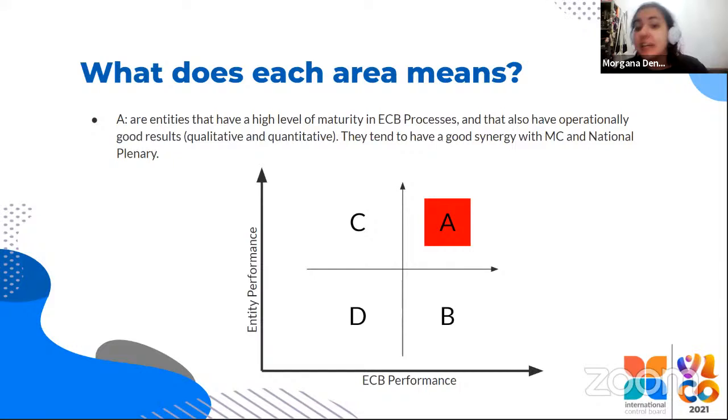These entities also tend to have good synergy with the MC and National Plenary, like ECB boards that have already existed in the country for a long time, so the network recognizes the entity and its values. So this is basically the situation that the entities in part A mostly share in common.